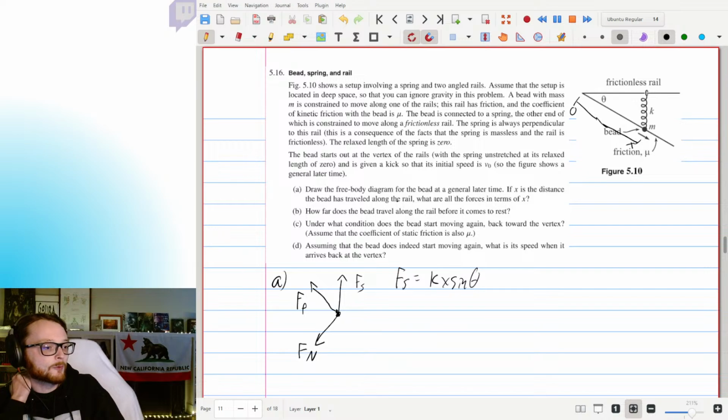Here's our saying the normal force should be equal and opposite to kx cosine x, plus the other component of mg. There's no gravity here, thankfully.